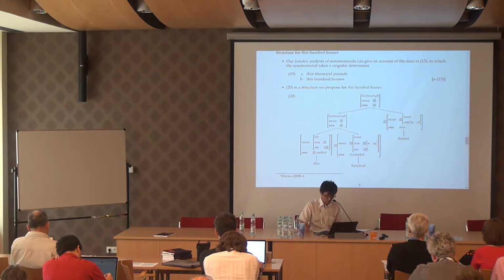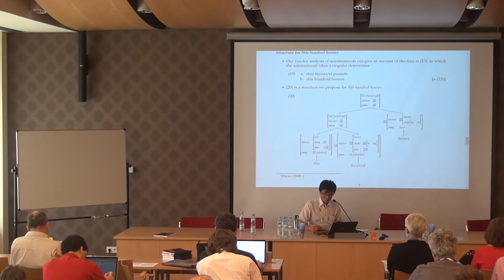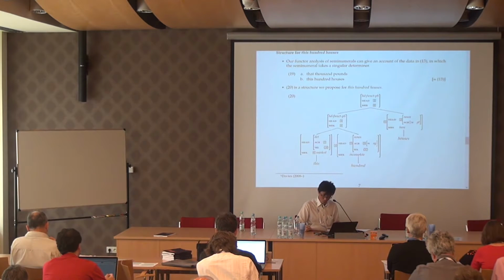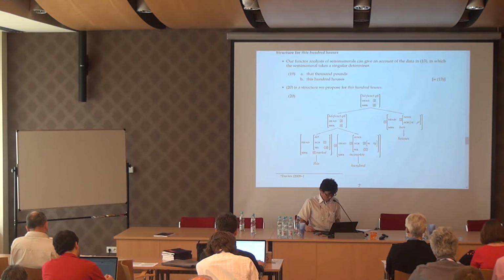And the verb agrees with the head noun. So in 22, the verbs are move and have, and they agree with the head noun, men and people, respectively. So this is my analysis of seminumerals, and let's have a look at further data in section 6.